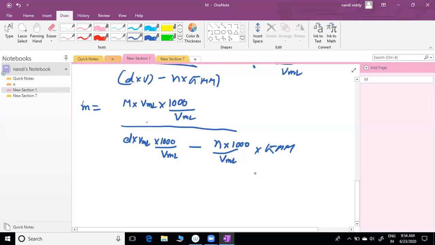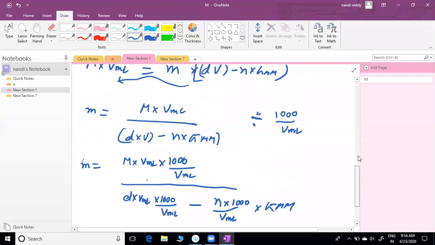I am dividing both sides, numerator and denominator, with respect to 1000 by V mL. So this is also being divided. Check it very clearly.